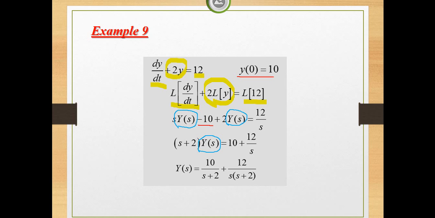The term that does not contain the Y(s) you transfer to the other side. So, this one, the negative 10 you see here, if transferred to the right side, would be positive 10, or plus 10. Now, based on step number 2, you need to isolate the Y(s) on this side.